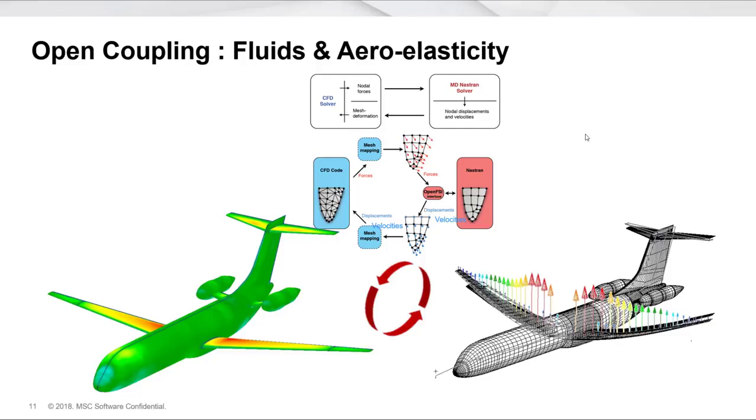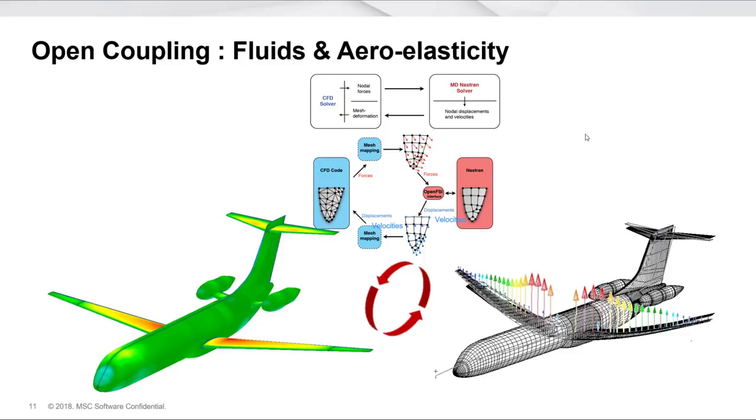So the CFD code and Nastran execute simultaneously, exchanging information through the interface during the simulation. It provides a tight coupling between the codes. So this fluid structure interaction will take the results from our fluid simulation on the left and drive those in a very specific way through our API to Nastran on the right.